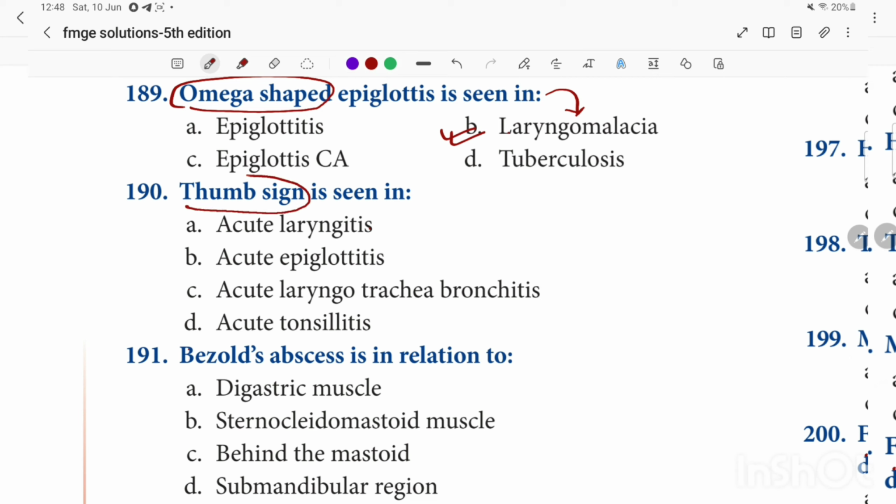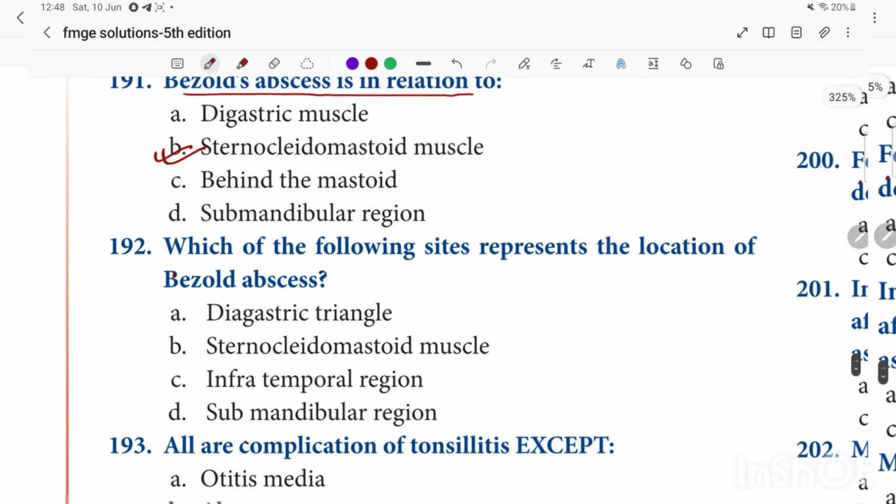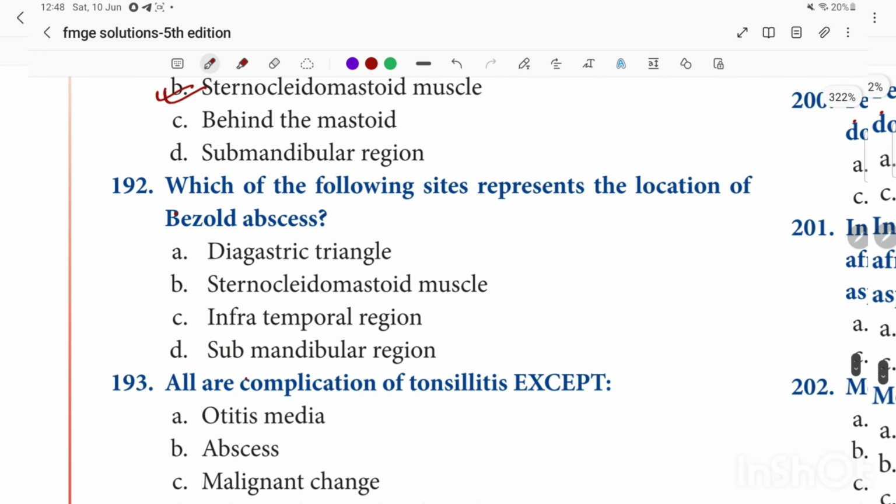Thumb sign is seen in acute epiglottitis. Bezold abscess is in relation to the sternocleidomastoid muscle.